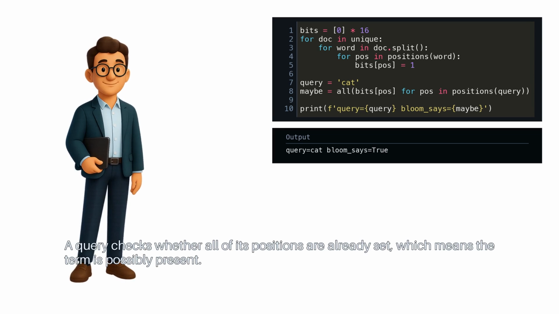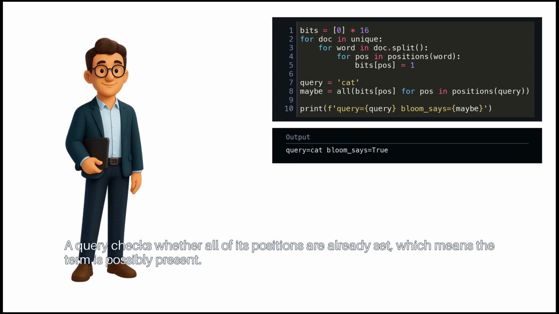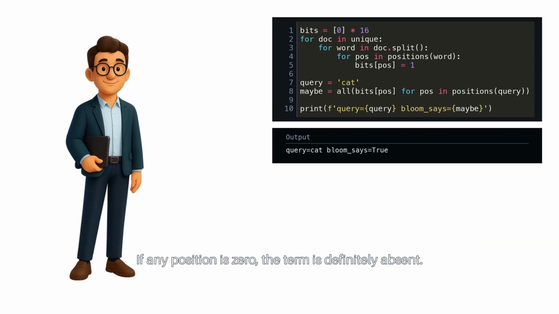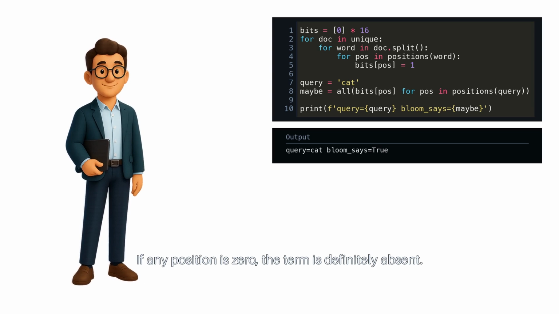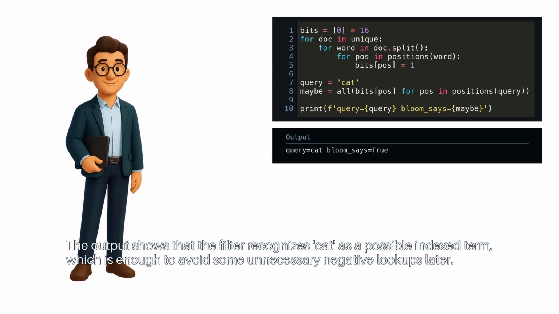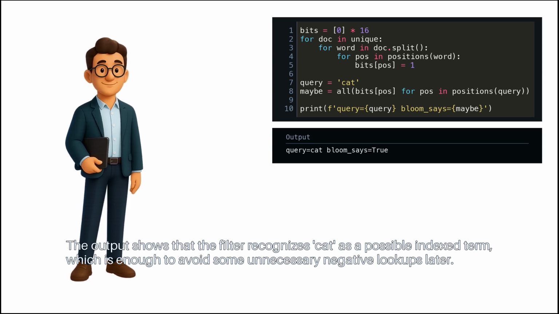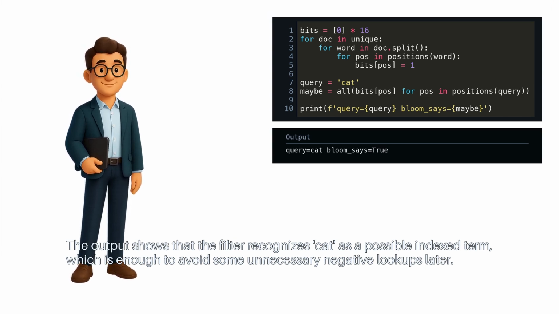A query checks whether all of its positions are already set, which means the term is possibly present. If any position is 0, the term is definitely absent. The output shows that the filter recognizes cat as a possible index term, which is enough to avoid some unnecessary negative lookups later.